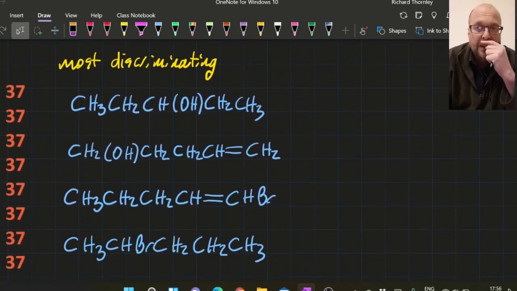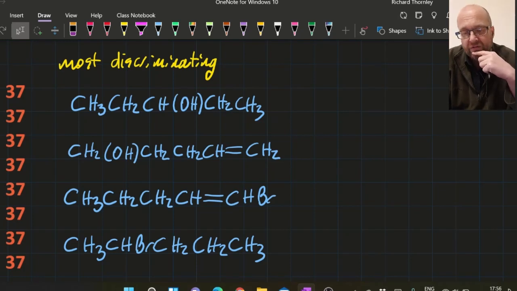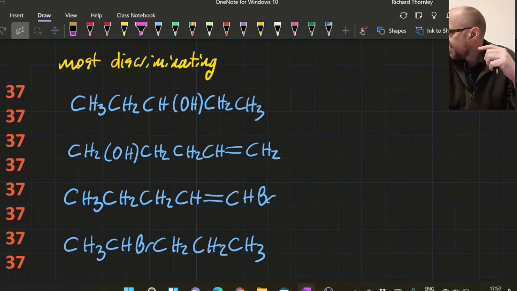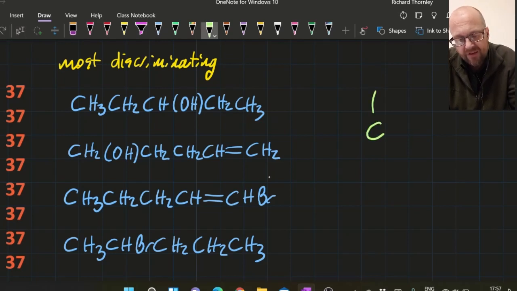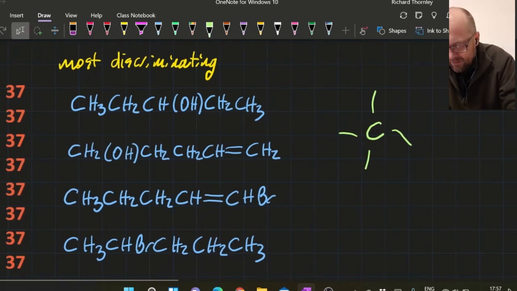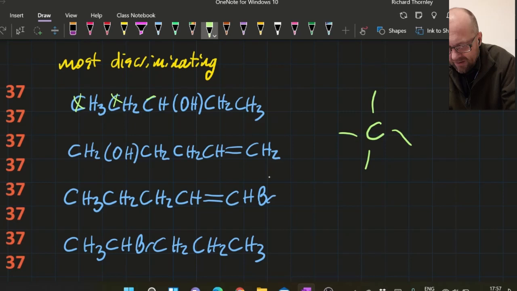Most discriminating. So there are two most discriminating questions, the ones that tell us smarty pants from regular humans. So I'm looking for a chiral carbon. Is it enantiomer? Chiral carbon. So that's a carbon with 4 different groups attached. So not that one, not that one. This one's tempting. That's got a hydrogen, an alcohol, and 2 ethyl groups.